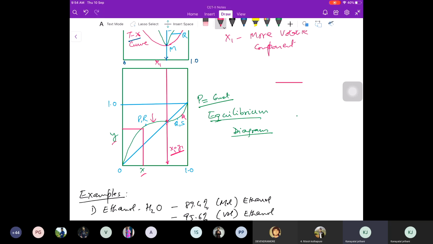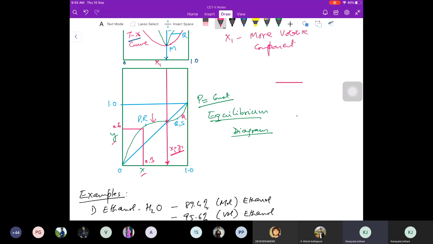I can take this x1 at 0.3 and maybe I'll get 0.6 in vapor. But at this point of composition, there is only one composition, मैं बोला था. It's not throughout the range of the composition. It is only at one point in that composition where azeotrope is formed, and that is always fixed for a system. It depends on the liquid 1 and liquid 2.